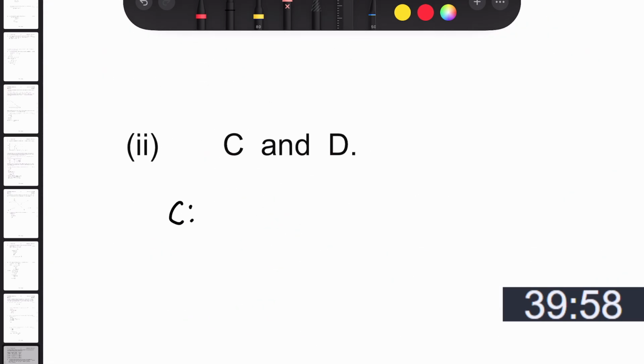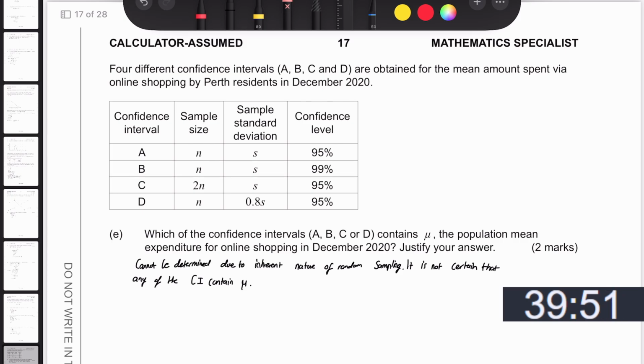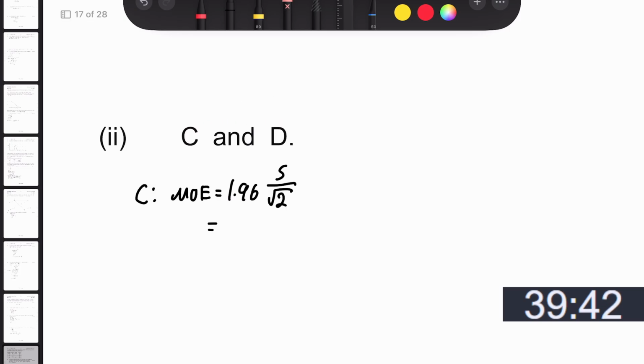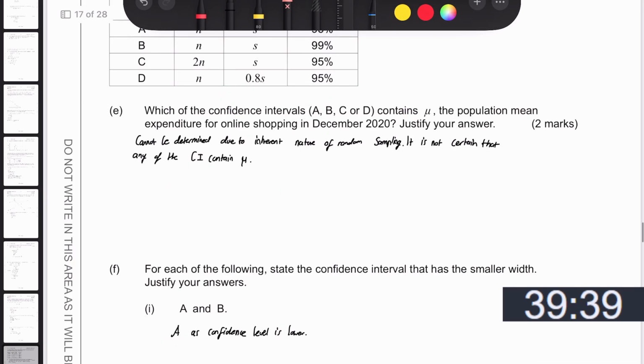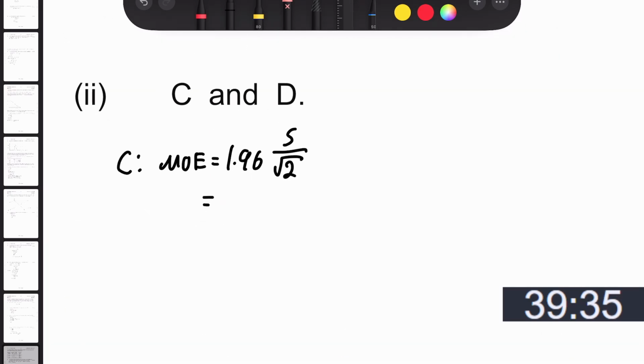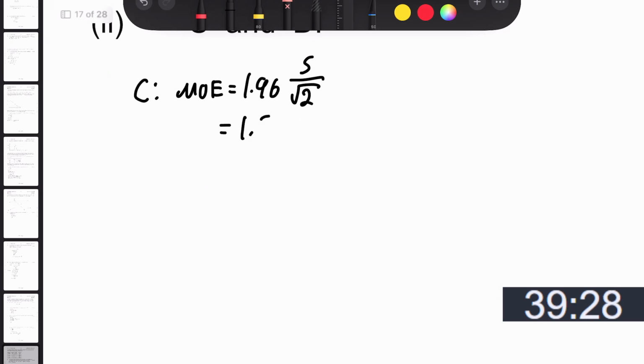So for C, margin of error is going to equal 1.96 times sample standard deviation S on square root of 2, divided by square root of 2, so 0.386.